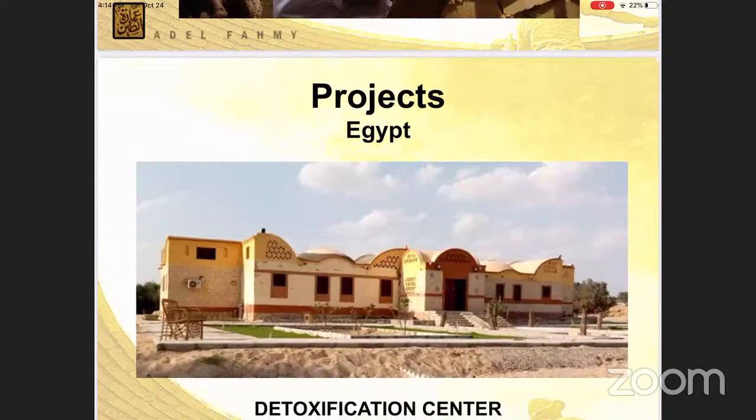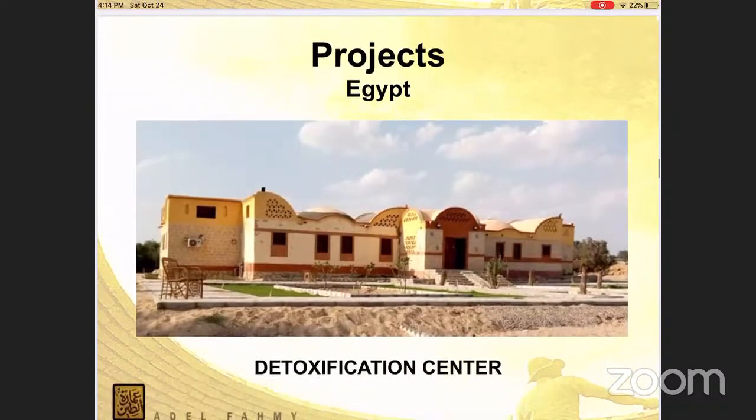The last project we did is a hospital and center for detoxification. Detoxification means a center for young people who suffer from drugs. Drugs are a big problem all over the world nowadays.